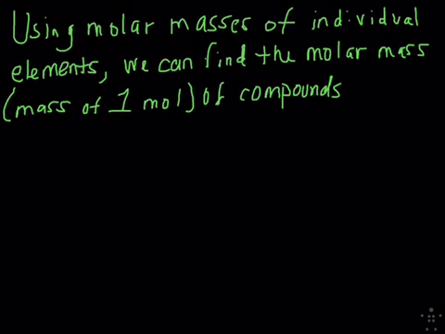Okay, so now, using molar masses of individual elements, which we already practiced, we found on the periodic table, we can find the molar mass, or mass of 1 mole, of compounds as well. The example that we're going to use for right now is barium sulfate.